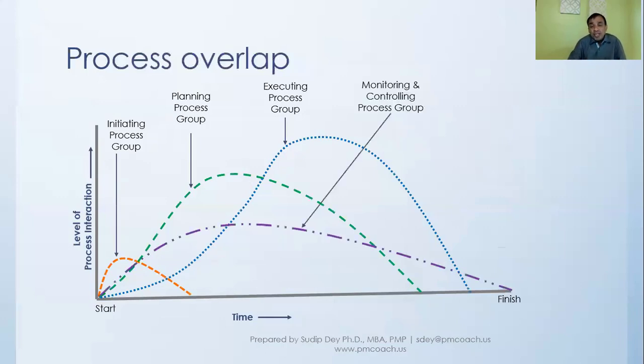When we look at the monitoring and controlling process group, that will make sense to you from the previous slide, because it really goes from start to finish, and the closing process group again is at the end, but it starts somewhere after the midpoint, and there is an overlap with all the other process groups, excepting probably the initiating process group. So what we are trying to emphasize here is there is an overlap of processes between the process groups.